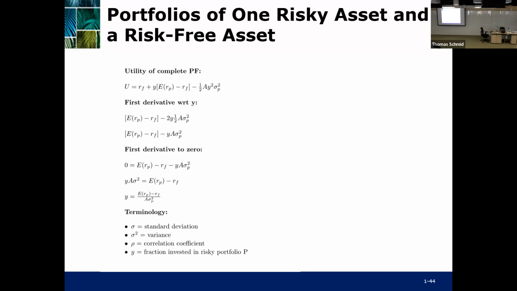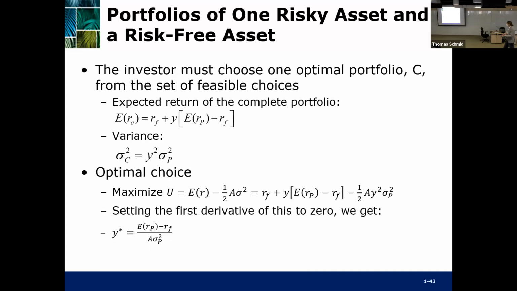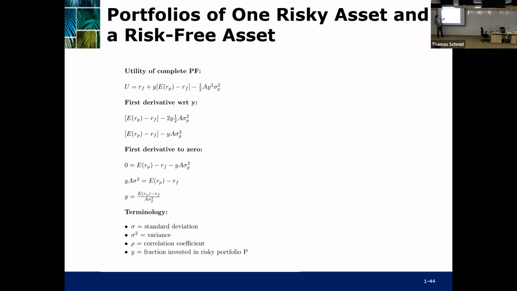I told you that this is the utility formula that we will use for this lecture: expected return minus 1/2 A sigma squared. So this is just something that is given. Then we set in the values for our specific world. So this is the expected return, and this is the risk in this specific world.